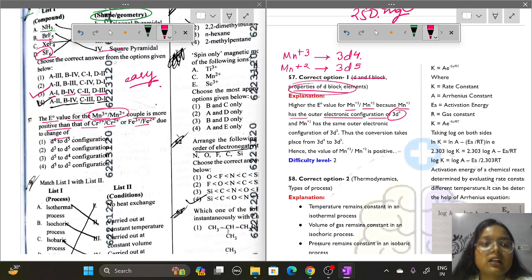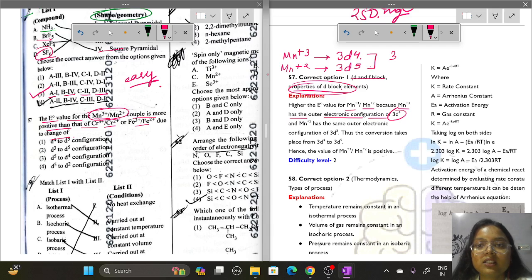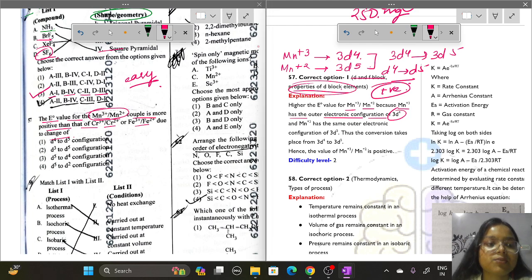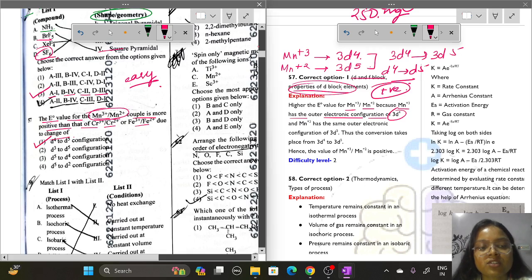Okay, so what is the E naught value? The configuration jumps from 3d4 to 3d5, so it will give a positive change. Okay, it is more positive, will give a positive value. So for question 57, option number 1 is the correct answer. Okay.